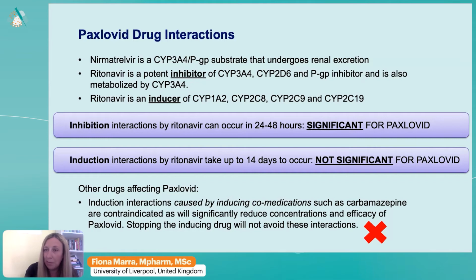And that's why there'll be some differences between the HIV and hepatitis C recommendations for ritonavir versus the Paxlovid recommendations on the COVID website. So it's due to the differences in the induction. Induction interactions caused by inducing co-medications such as carbamazepine, however, are significant.